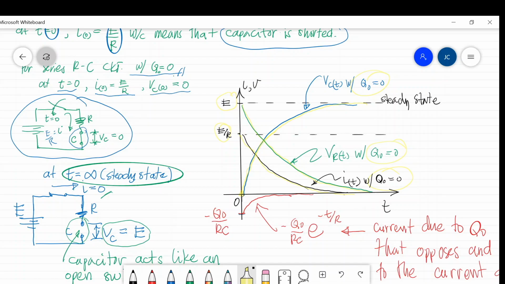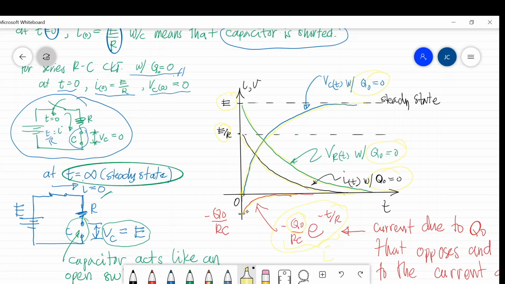If there is a charge stored in the capacitor, this is the current produced by the presence of charge in the capacitor, and it is negative, or below 0, and decays to 0 as time elapses.